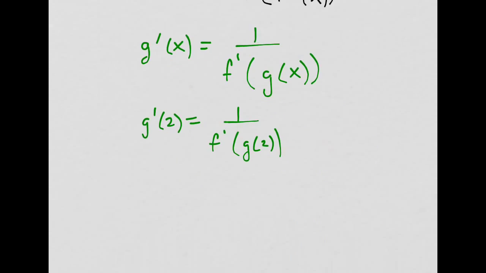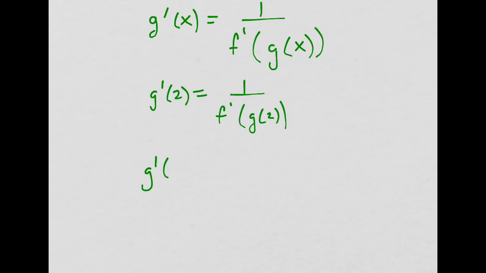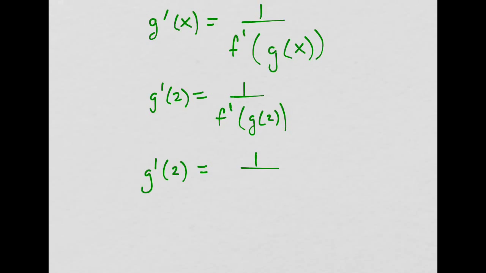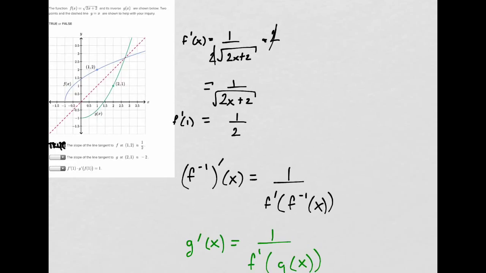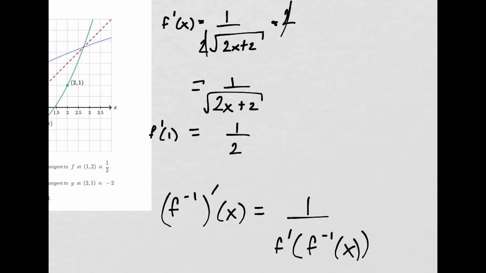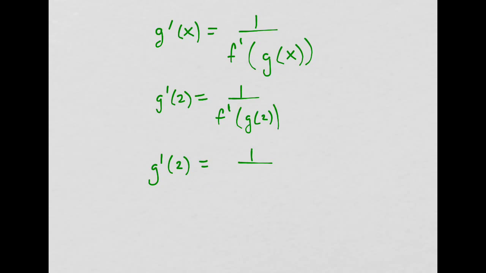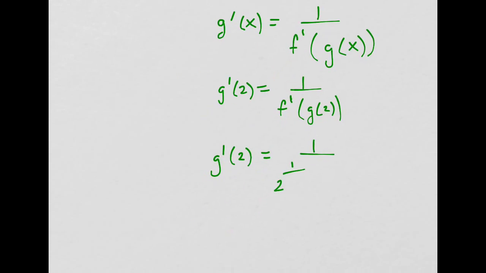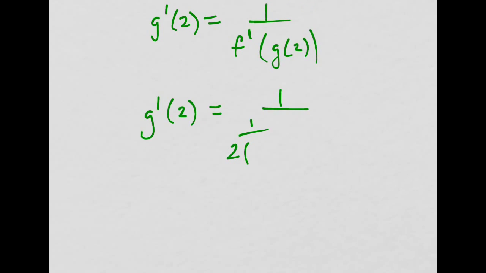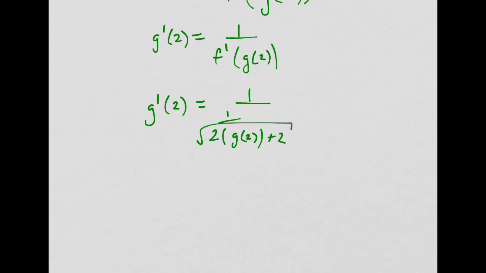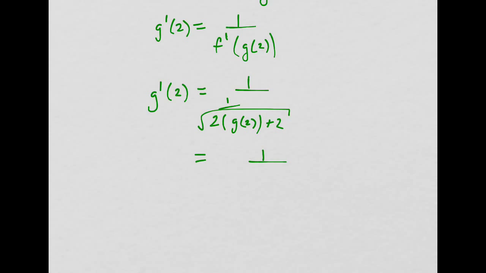So let's say g prime of 2 equals 1 over f prime, right? F prime is this, so 1 over the square root of 2 times g of 2, right, because I'm composing that, underneath the square root, plus 2, which is the same thing as 1 over the square root of 2.